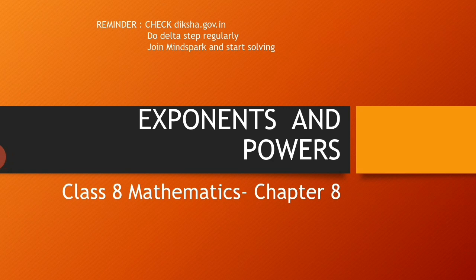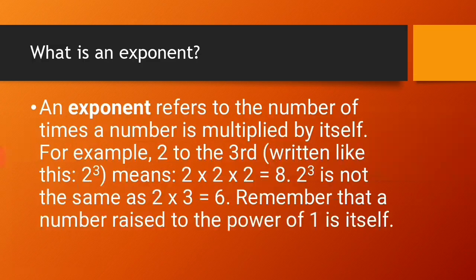So let's begin with exponents. What is an exponent? An exponent refers to the number of times a number is multiplied by itself. For example, 2 to the third means 2 raised to power 3.